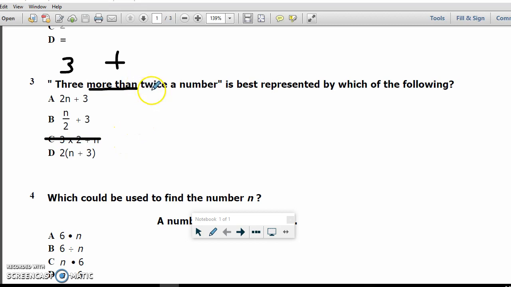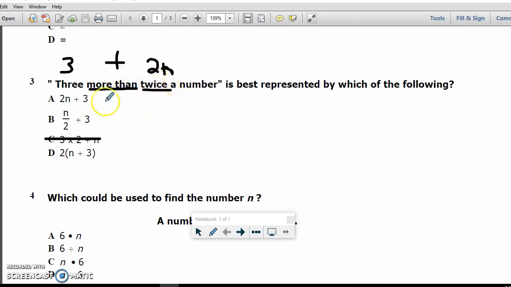Okay? The next thing we look at is twice a number. Anytime you see twice, that means you're multiplying times 2. And we don't know what our number is, so we're just going to put in the variable n. B will not work because we are dividing n by 2.